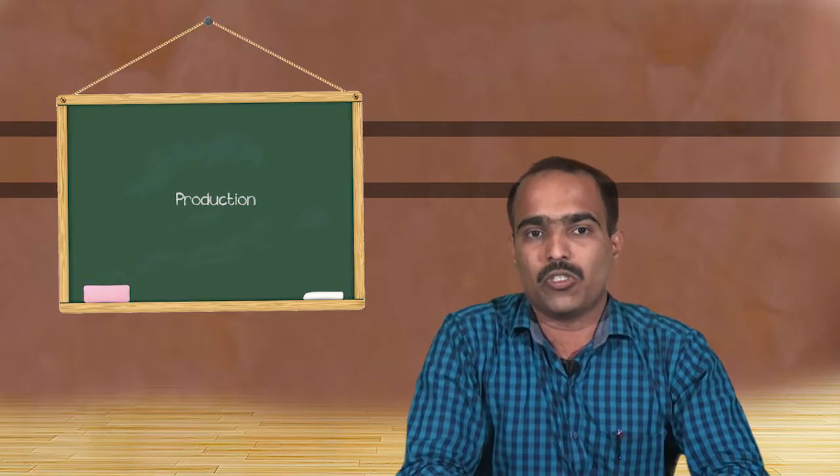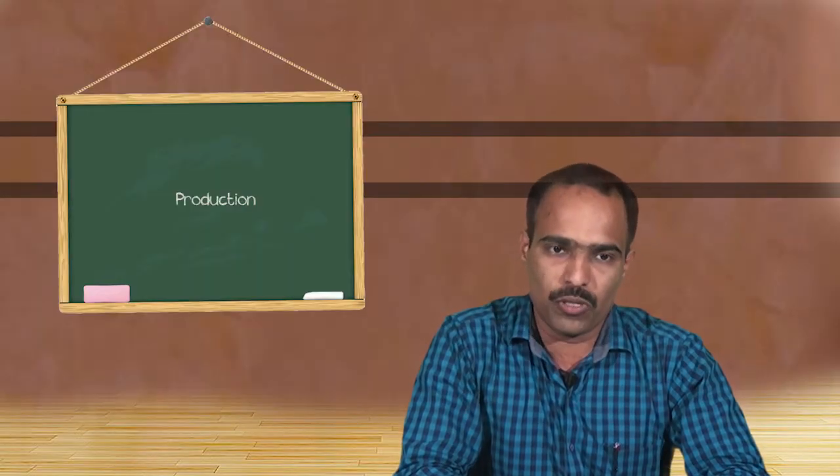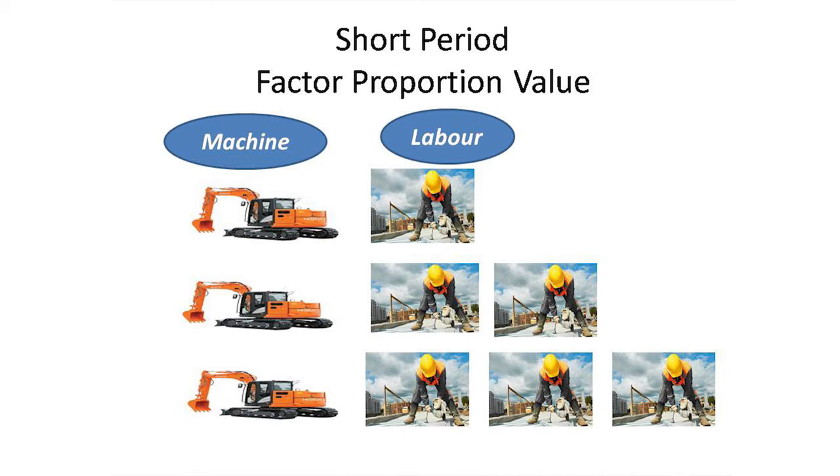For the second unit of the commodity, the producer will keep machine as a fixed factor and will consider labor as a variable factor. So in the second case, machine will be only one, but the output will be increased by increasing the units of labor from one unit to two units. And in the third case, when the producer wants to increase his output, he will do so by making variation in the labor input and he will keep machine as a fixed factor again.